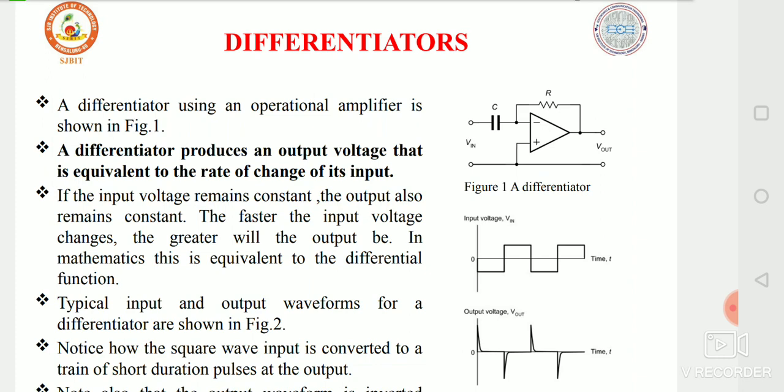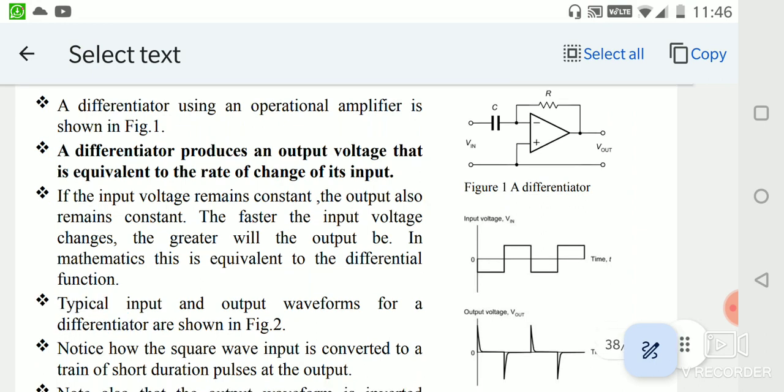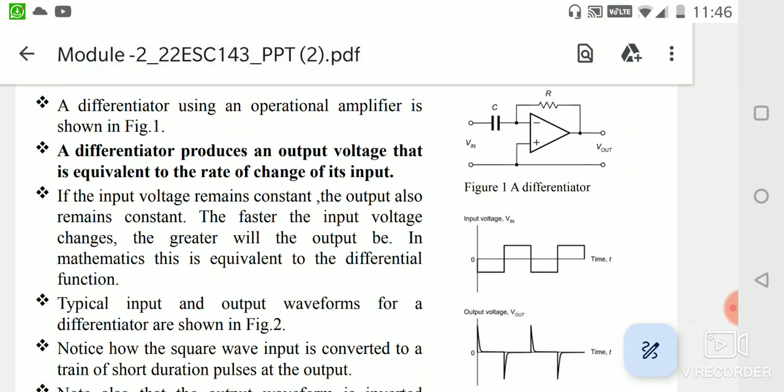The differentiator provides an output voltage that is equivalent to the rate of change of its input. If the input voltage remains constant, the output also remains constant. The faster the input voltage changes, the greater the output will be. In mathematics, this is equivalent to the differential function.